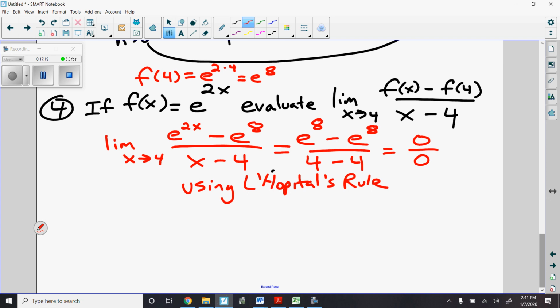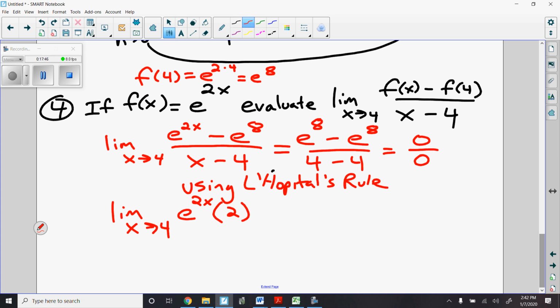So what I'm going to go ahead and do here is do the derivative at the top and the bottom and see if that fixes it. So the derivative of e to the 2x, once again, that's a chain rule. It's going to be e to the 2x. E is its own derivative, okay, when it's to a variable. But then I need to multiply by the derivative of 2x, which is 2.